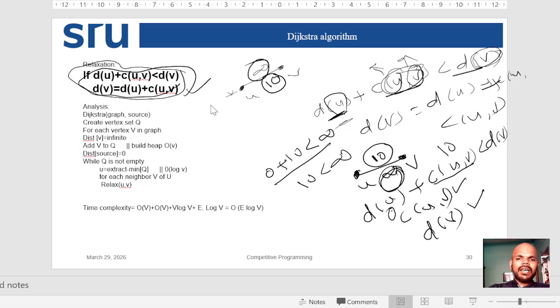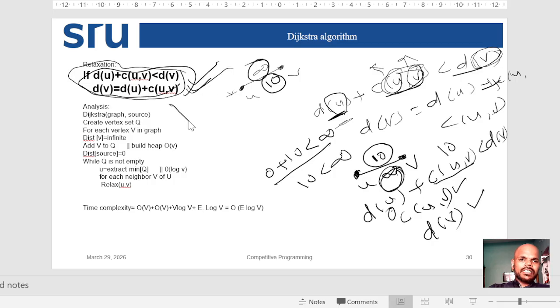We will see a small example for this problem also, relaxation, so that you will understand the major idea in the distance vector Dijkstra algorithm, right? In the next video we will see a small problem to solve, and the code.